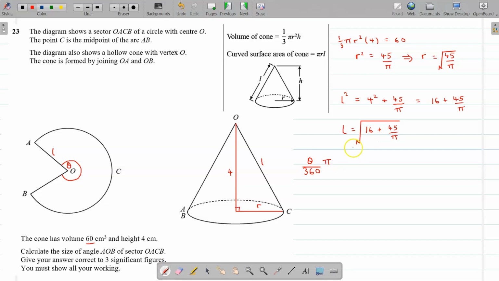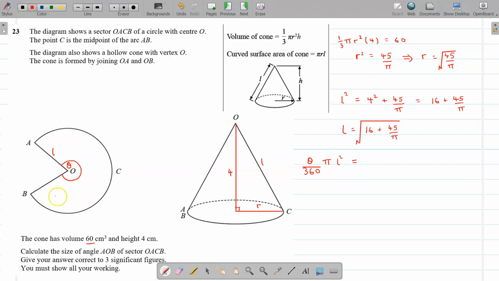But the radius, we know, is L. So it's pi L squared, and we know that that is the same as the surface area of the cone.